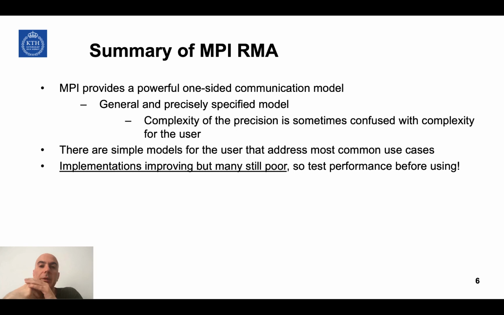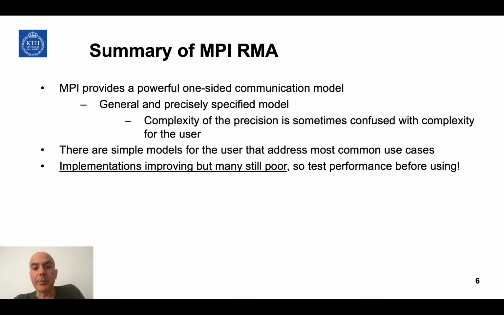One word of warning when using MPI one-sided: the MPI interface has been there since MPI 2, but the implementations are still quite poor in performance. The implementations in MPICH and Open MPI of one-sided are improving, but in most cases not up to par with two-sided communication performance.